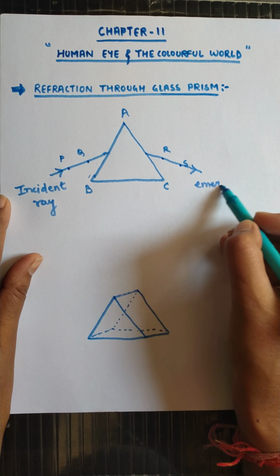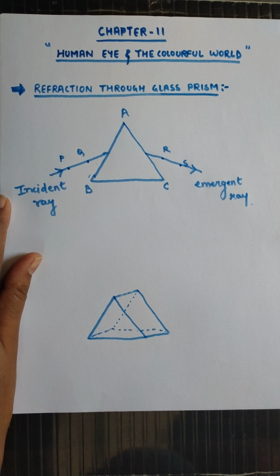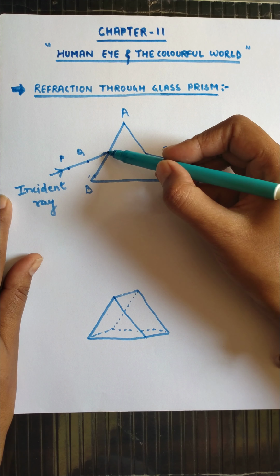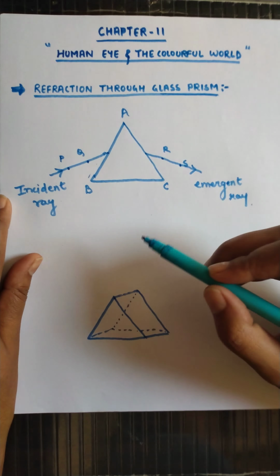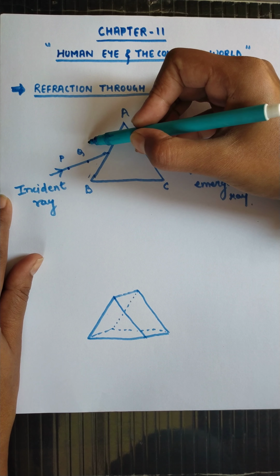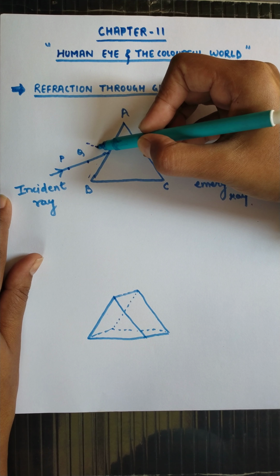Okay, now students, by considering the laws of refraction and reflection, we know that at the point where the incident ray falls on the side of the prism, perpendicular to the surface we will draw a normal.